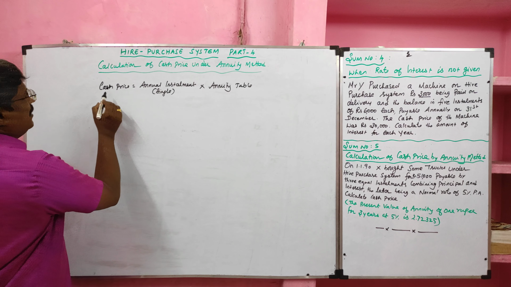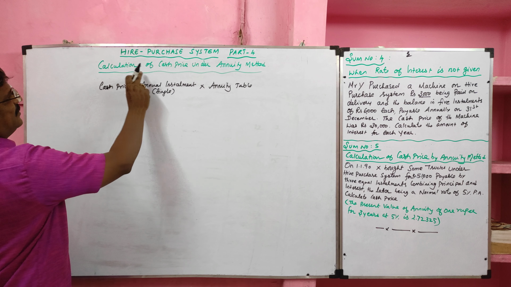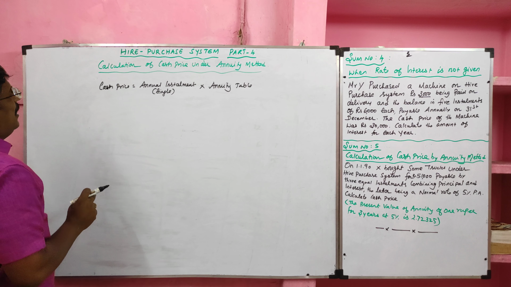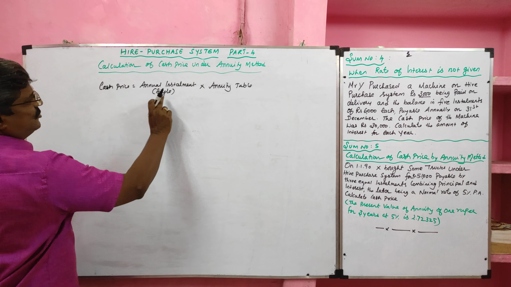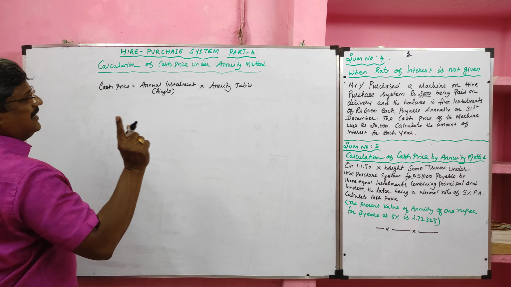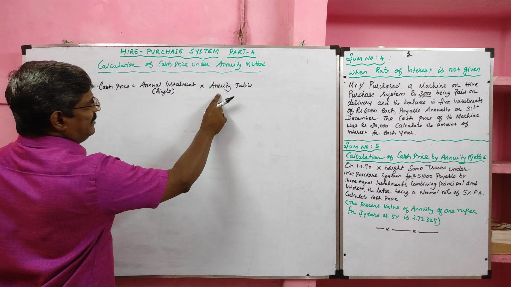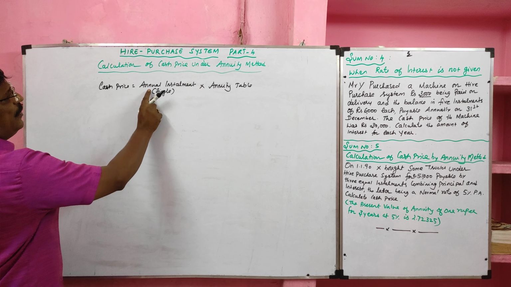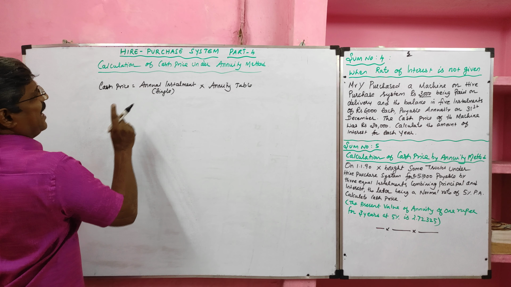Students, very simple. We are going to calculate cash price under annuity method. We have to take one single annual installment which should be multiplied by the annuity table. First, we are going to find the single annual installment.